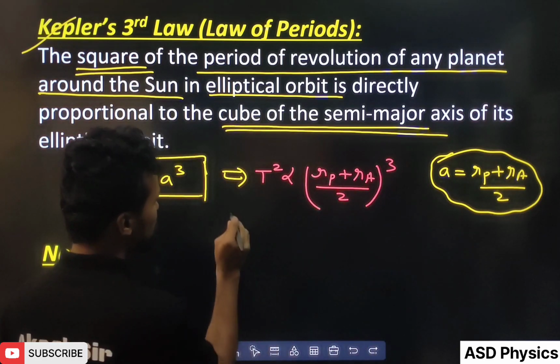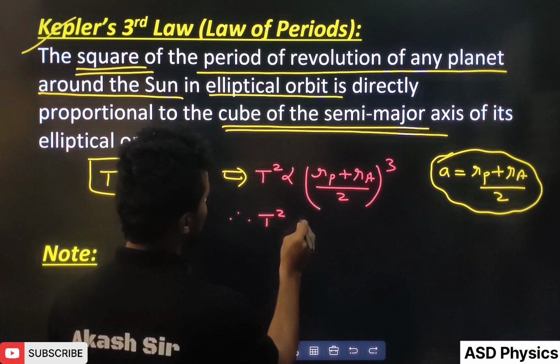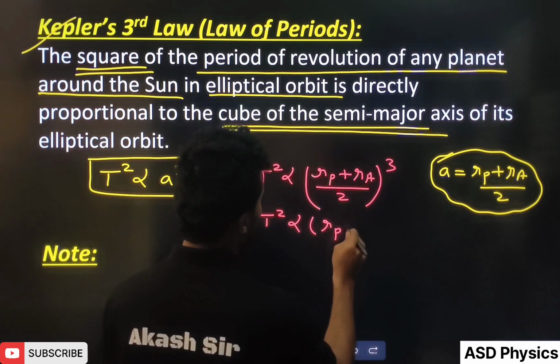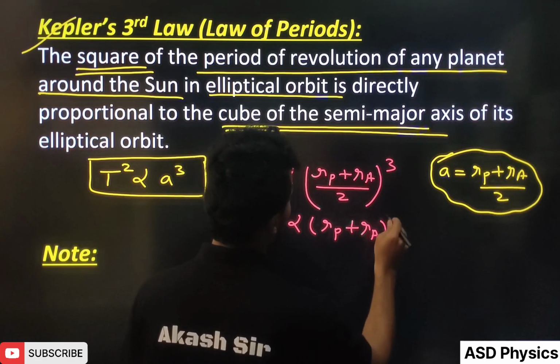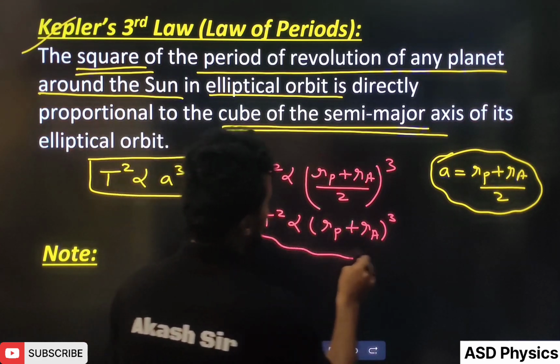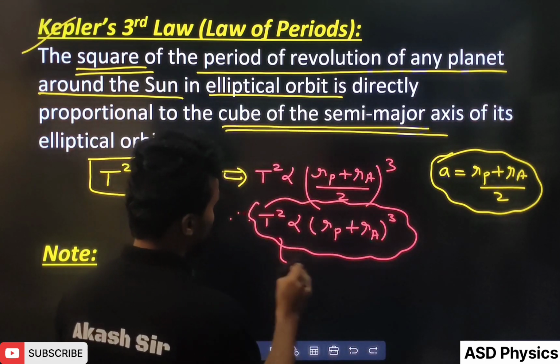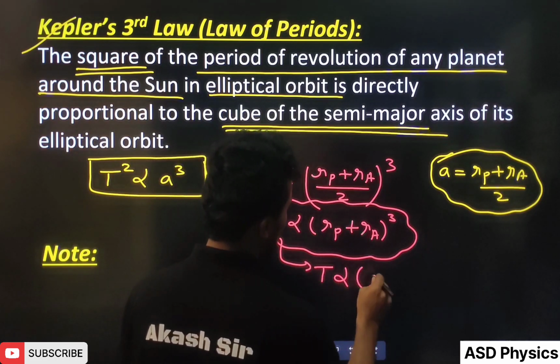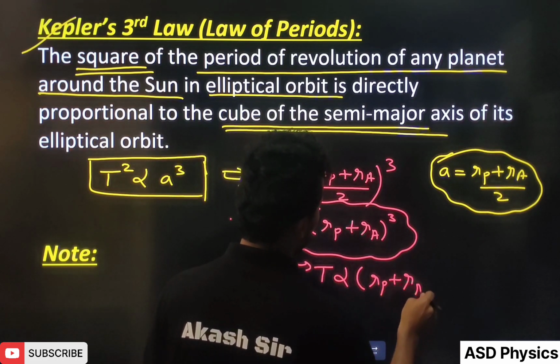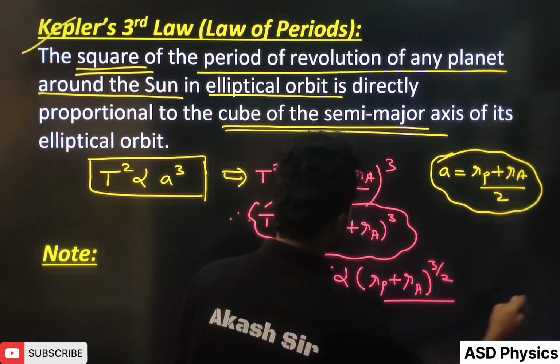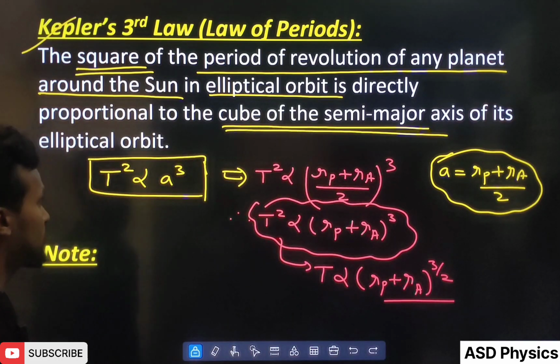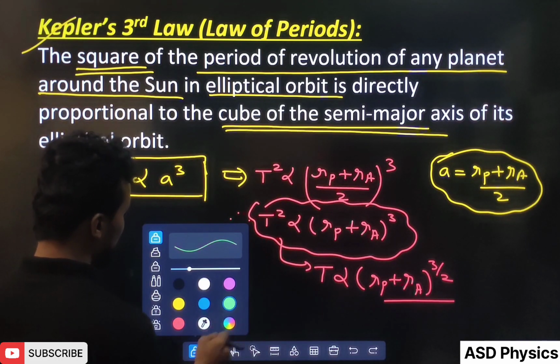So 2 cube will be constant. So T square is directly proportional to RP plus RA power 3. If I write T, then T will be directly proportional to RP plus RA to the power 3 by 2. Basic rule of exponents. So this is for which orbit? This is for the elliptical orbit.